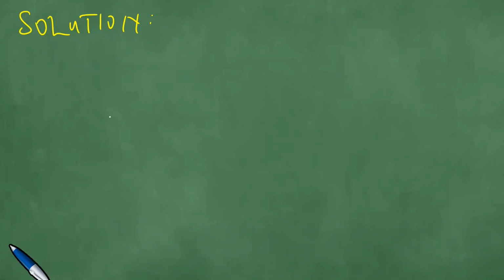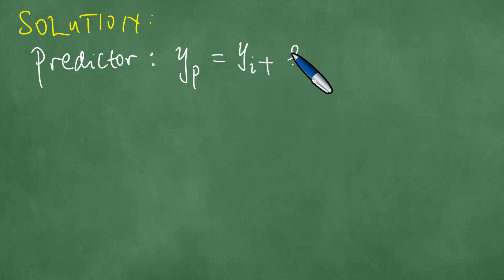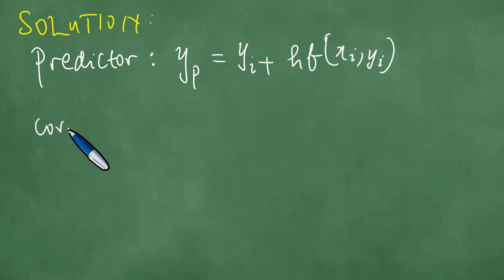There's what we call the predictor, YP, which is the same as YI plus H F of XI, YI. There's only one formula for the predictor for the modified Euler, but for the corrector and recorrection, we have two formulas.